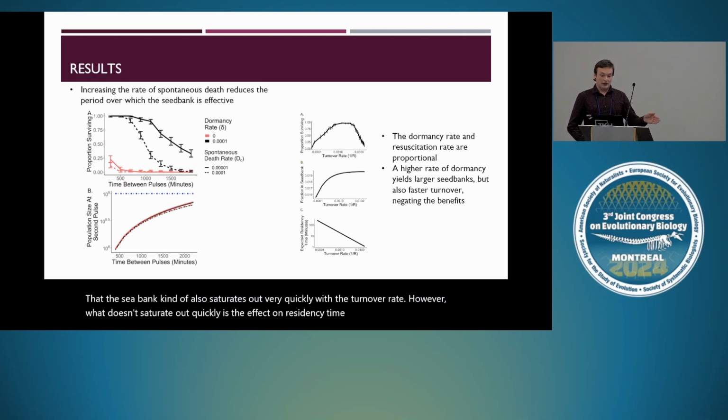As you increase that turnover rate, the residency time continuously decreases linearly. Because of that, as you increase this parameter, the memory of the individuals in the seed bank declines over time. So it's not really advantageous to have a higher rate at which individuals go dormant in this case, because they will forget their tolerance much faster.